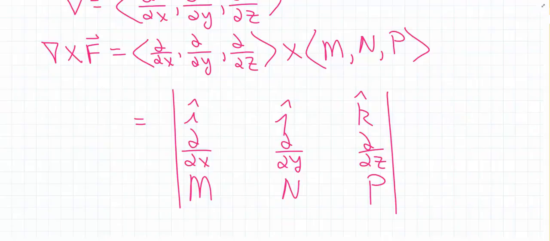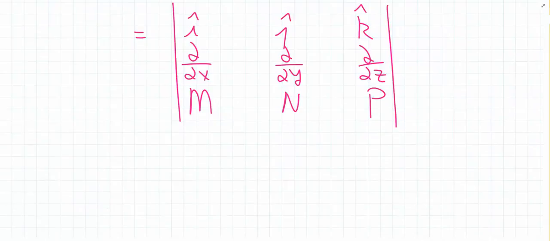We would work this out the same way as we always do. This is going to be i times partial of p with respect to y minus partial of n with respect to z.